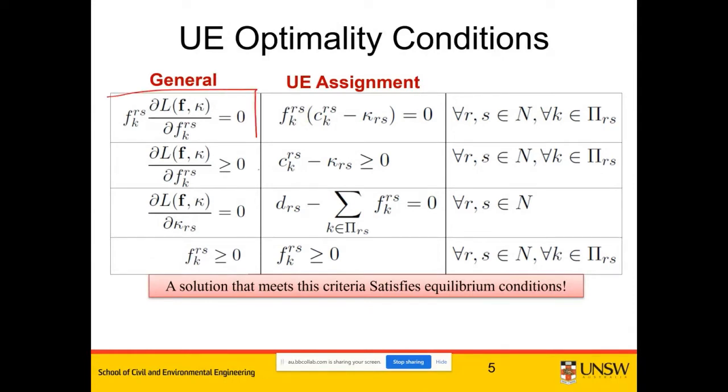On the left, these were the general optimality conditions for any optimization with more than one decision variable, a non-negativity constraint and a linear equality constraint. And using the Beckmann function, we derived these user equilibrium assignment optimality conditions. It's just an equivalent of this, put into a nice table summary format.